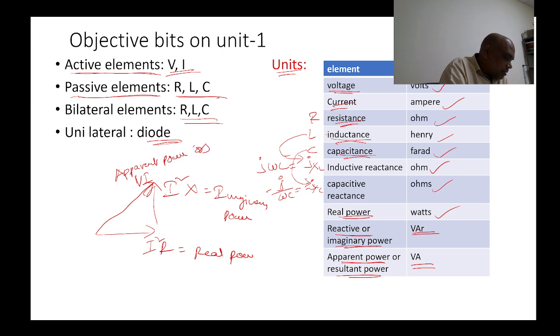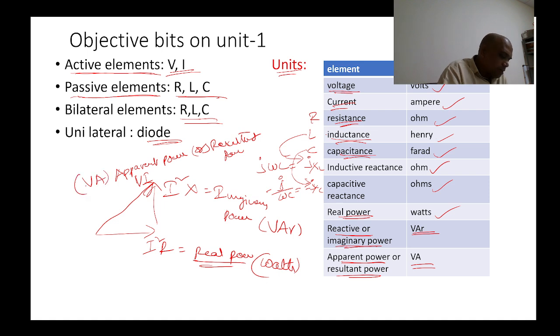This is also called resultant power. So what is the unit of real power? Watts. What is the unit of imaginary or reactive power? Var. What is the unit of apparent power? Volt ampere. Apparent power is also called resultant power. Imaginary power is also called reactive power.